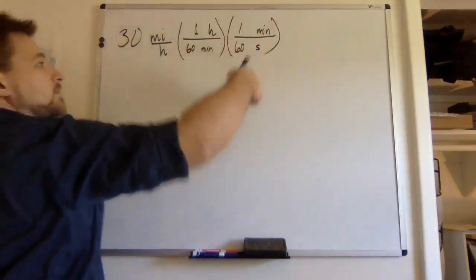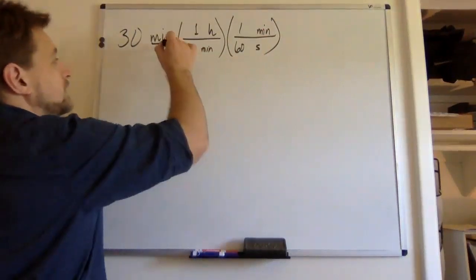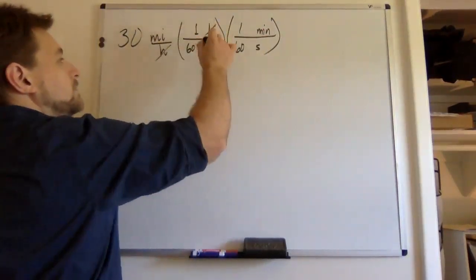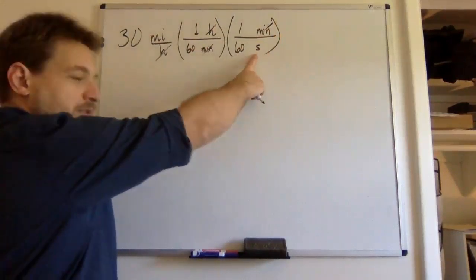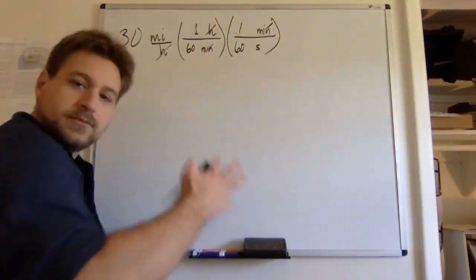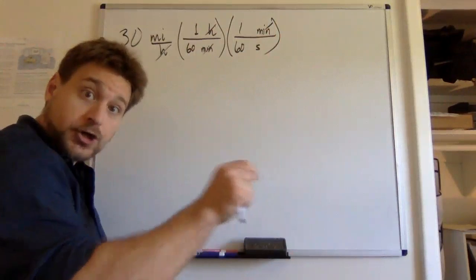And we can see the strategy here already, that hours will cancel hours, minutes will cancel minutes, and we'll be left with seconds in the denominator, which is where we want it, meters per second.